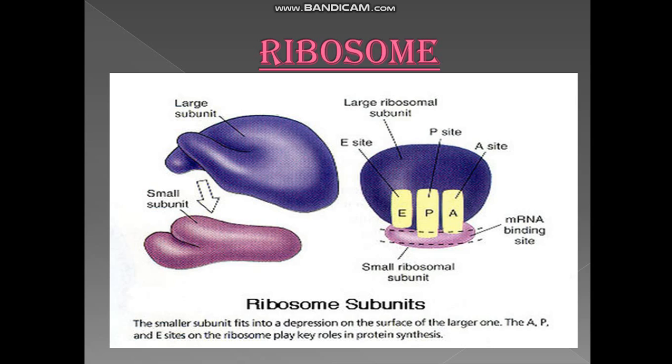The functions of the larger and smaller subunits remain the same in both types of ribosomes, 80S and 70S. Both will have an amino acid attachment site, both will have a P site, and both will have an E site for exit of the empty transfer RNA. Clear? Okay, let us continue further.